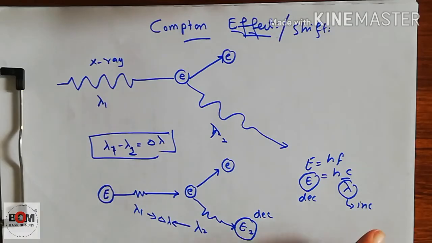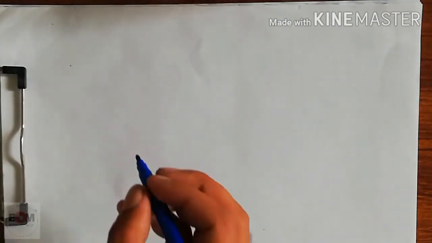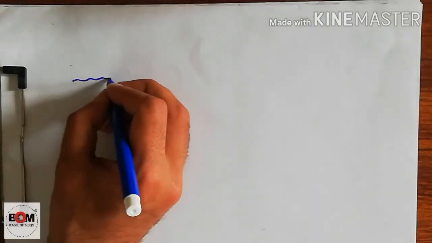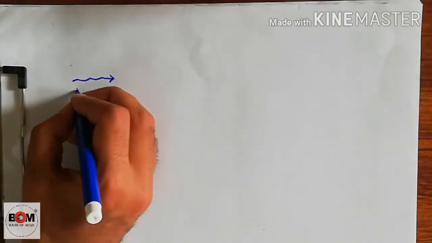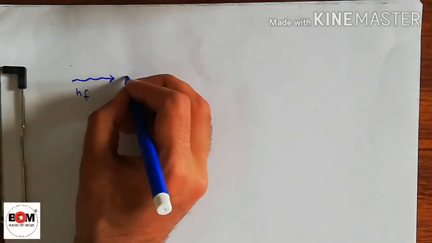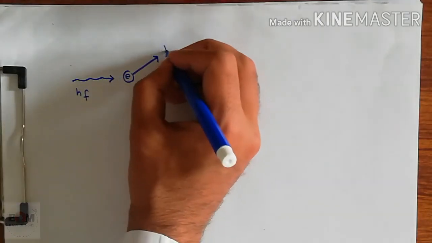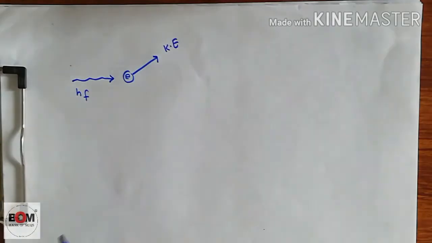Now in this case, when X-ray came and hit the electron, both the laws of energy and momentum must be conserved. So we know that an incident photon comes with energy of hf and hits the electron, so the electron will start motion with some kinetic energy.